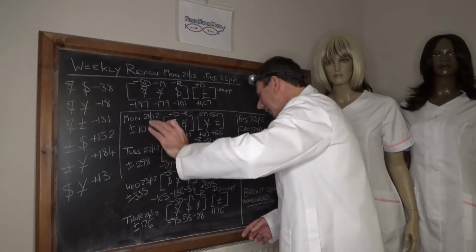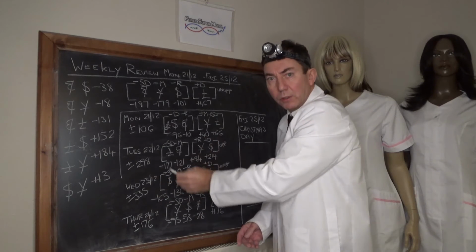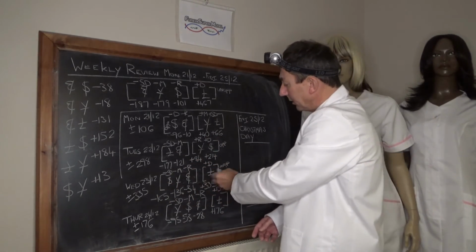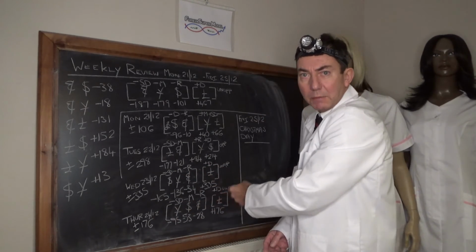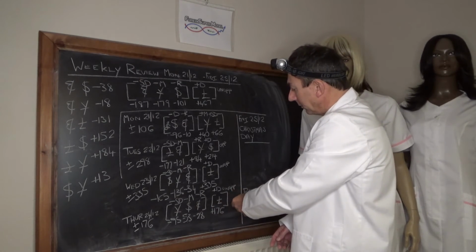So then Wednesday, basically optimism increased on the deal, and they front ran the deal on Wednesday at plus 335, and then the late pound buyers came in when the deal was announced.